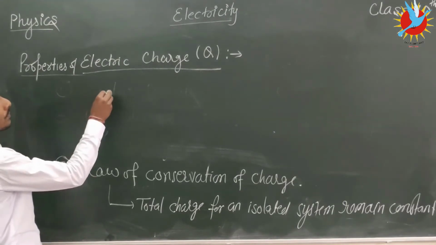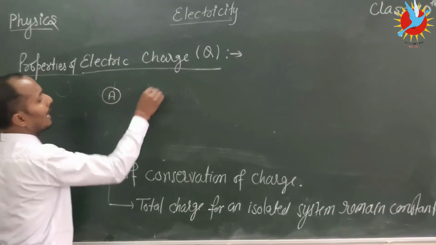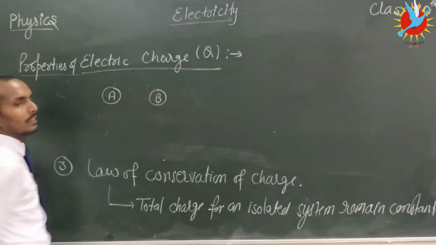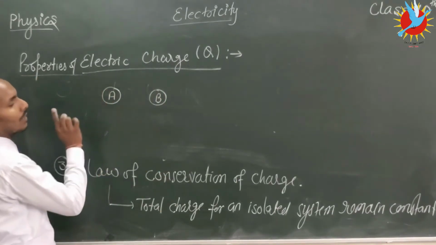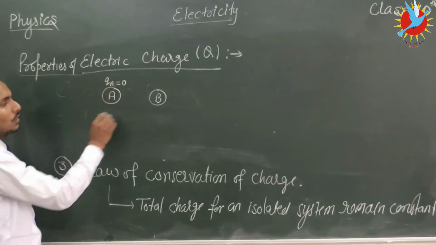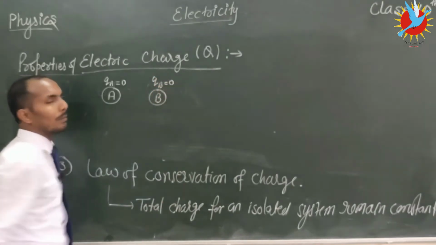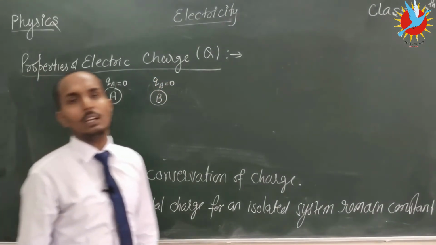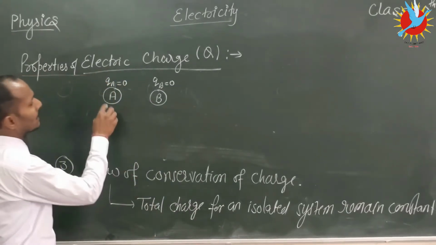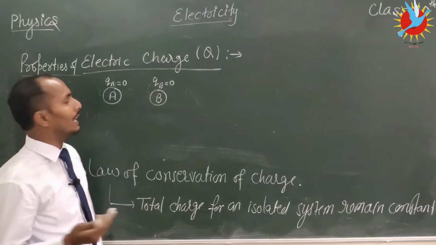Suppose that there are two objects, object A and object B. These objects are neutral. Neutral means the net charge on A is 0 and the net charge on B is 0. If I say it is neutral, it does not mean that it has no charge.